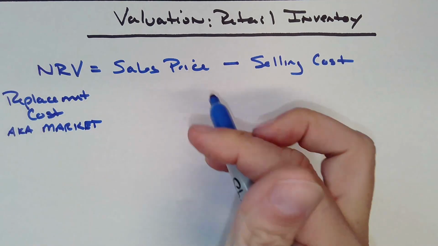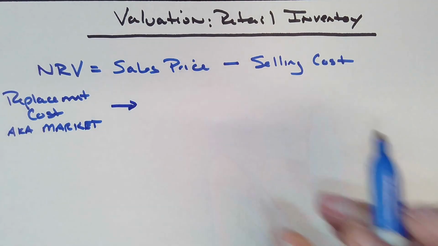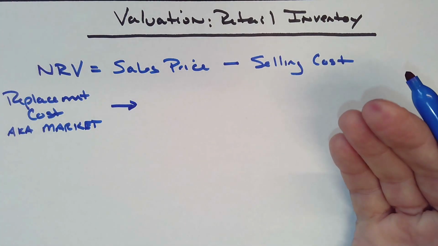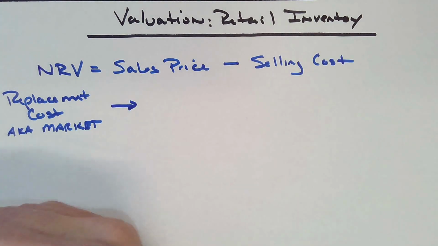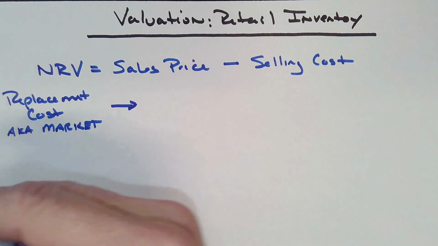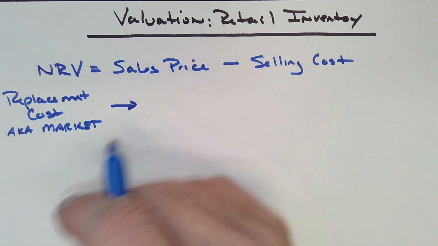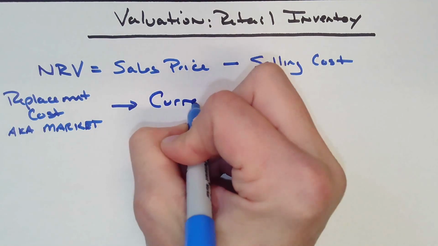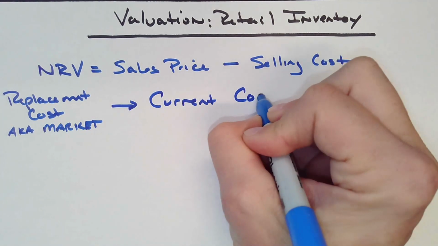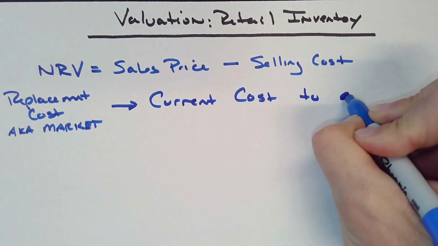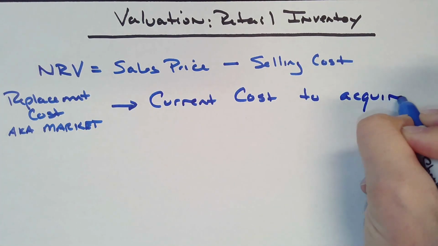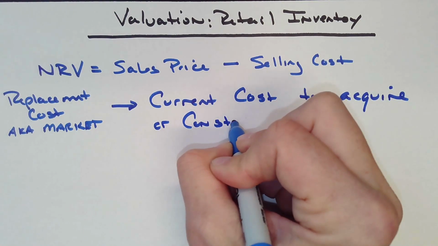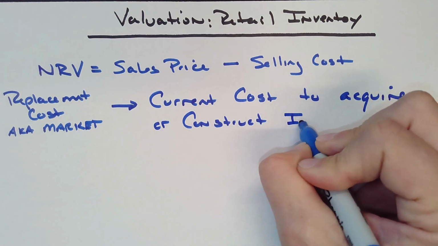And this is simply the costs currently to acquire the inventory or the cost currently to create the inventory. So these are the current costs to acquire or construct the inventory.